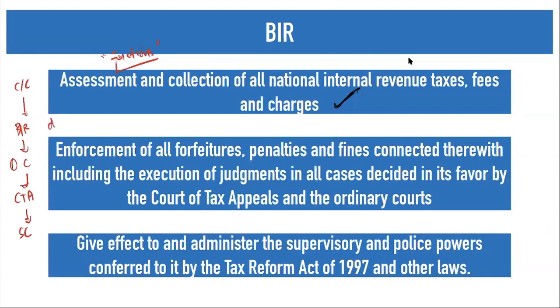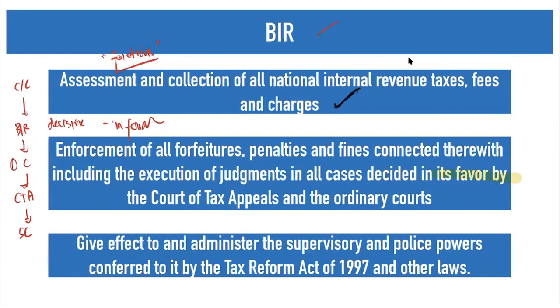Now, if there are any decisions or judgments based on this which are in favor of the BIR, take note, the keyword here is that it must first be in favor of the BIR. Once it is in favor of the BIR, then the BIR must enforce that judgment. Sir, what if it's not in favor of the BIR?